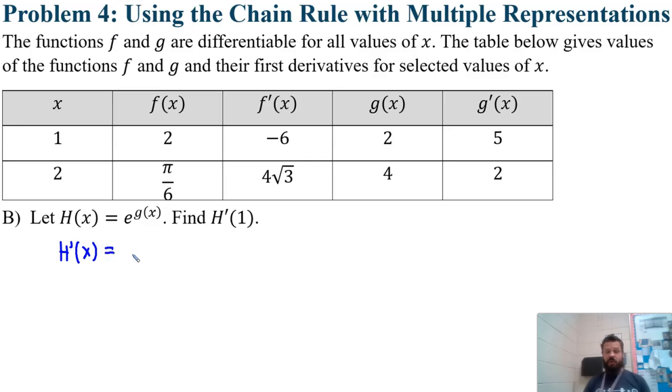That's going to be equal to the derivative of my outer function, which is e to the x, with the inner function just placed inside. So that's e to the g of x once again. Remember, the derivative of e to the x is just e to the x, times the derivative of the inner function, which we'll write as g prime of x.